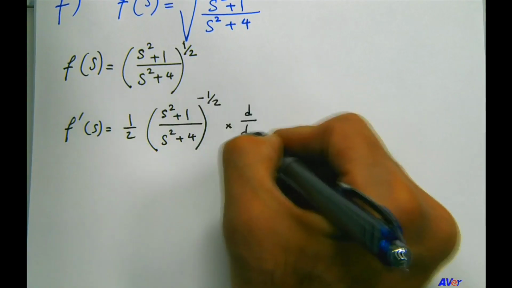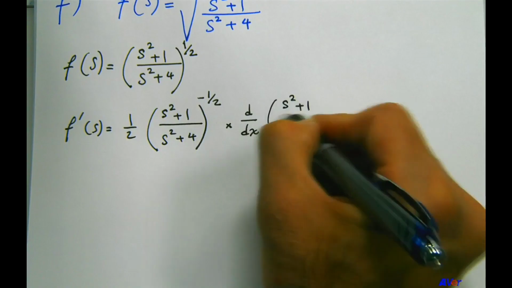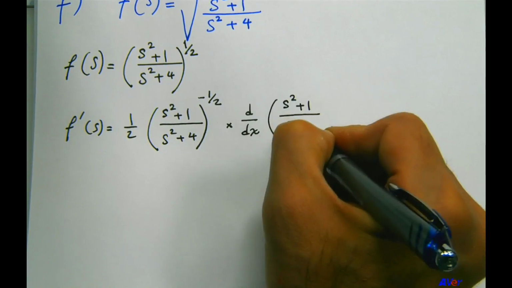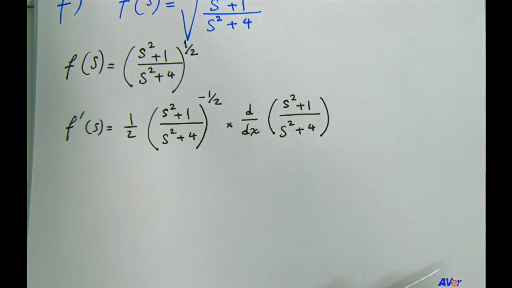So d/ds of (s squared plus 1) divided by (s squared plus 4). Okay, that's what we want to do.